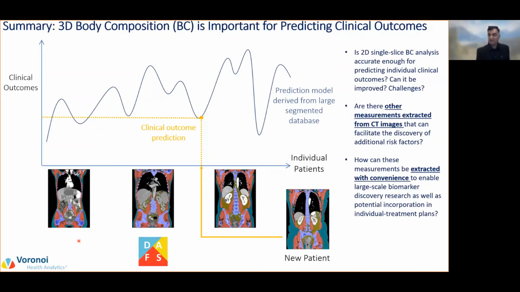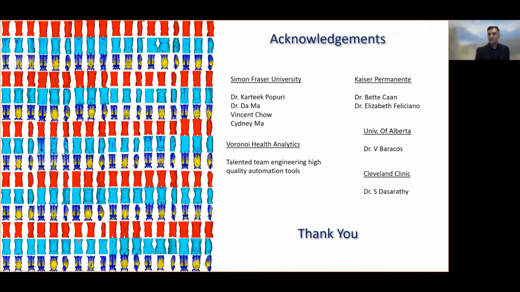So I just wanted to thank here and acknowledge the amazing team that I've worked with, both at Simon Fraser University in my lab and at Warnock Health Analytics, where we have a talented team of AI engineers, anatomists, software developers, working very hard behind the scenes to develop high-quality automation tools.